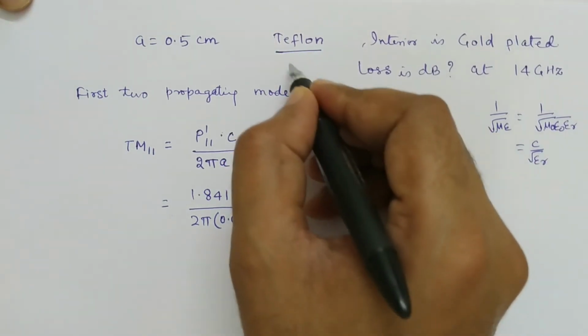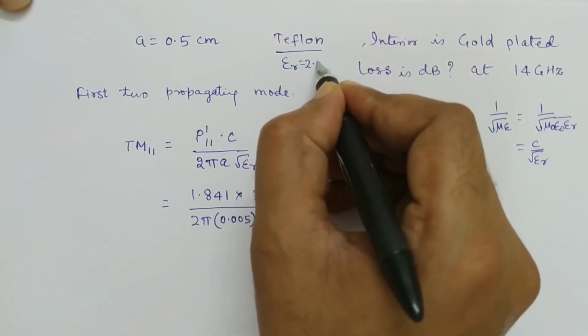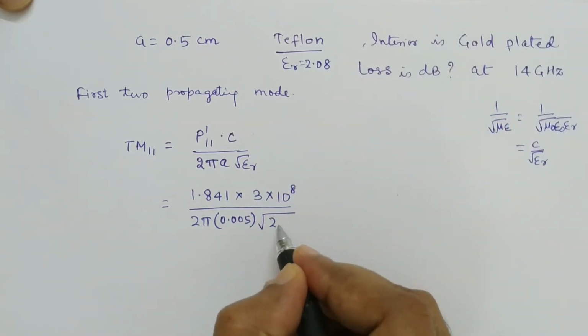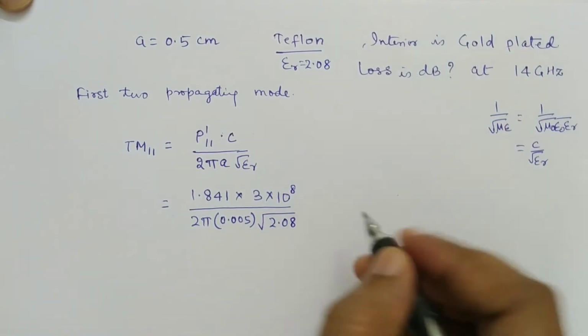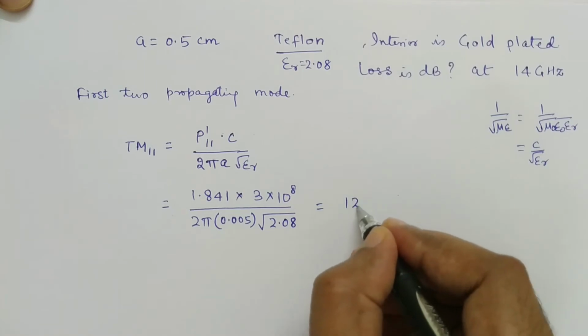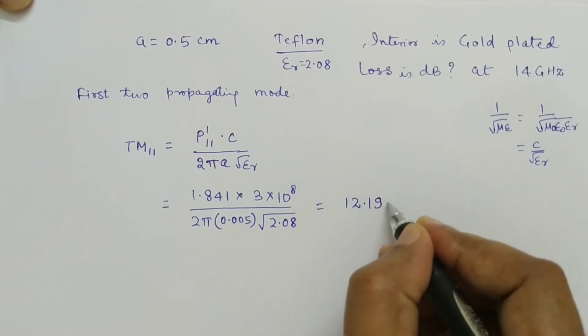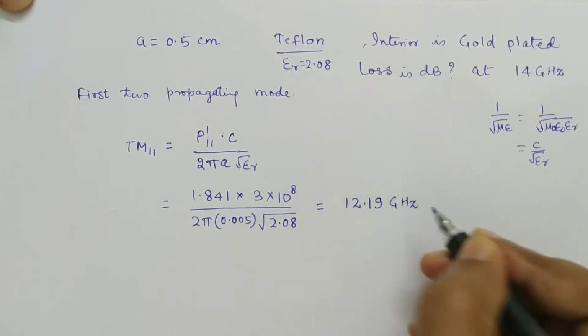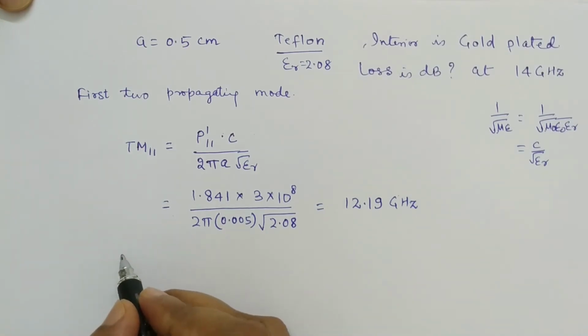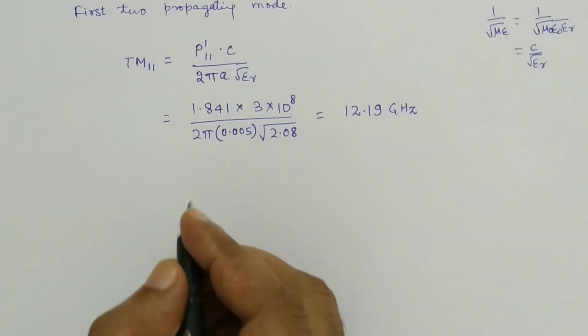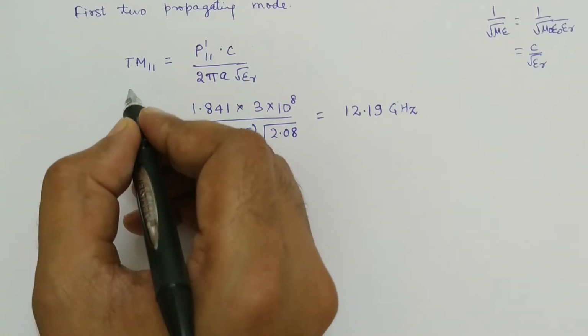For Teflon, the epsilon r is 2.08. So here we put 2.08, and when you calculate, you will get 12.19 gigahertz. This is for the TE11 mode.